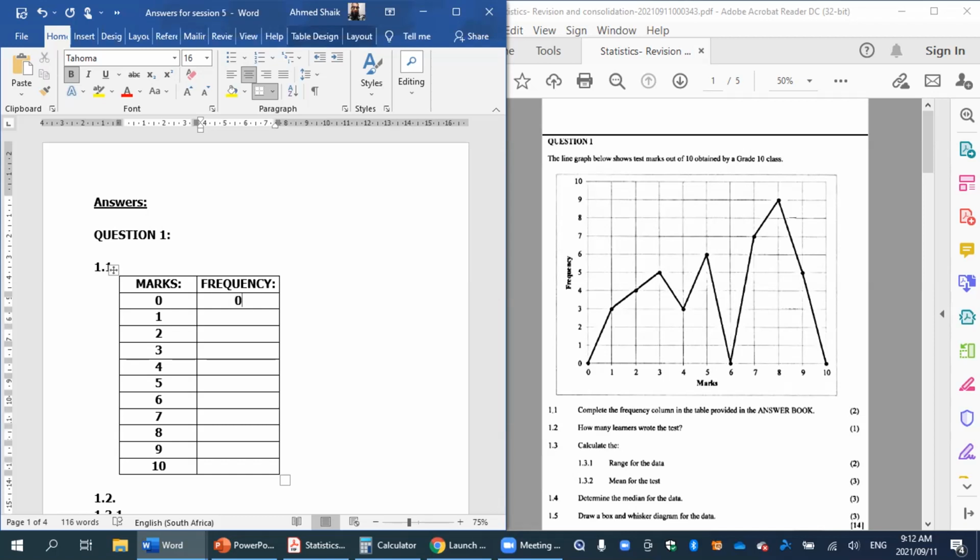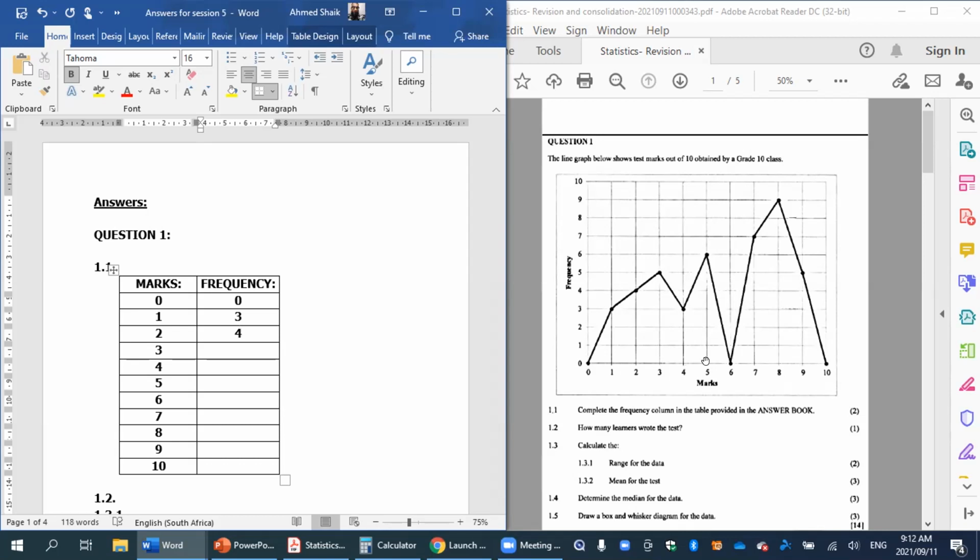If we're looking at the next mark, which is 1, we can see we have a frequency of 3. Therefore, in our frequency column, we're going to enter 3. Our next mark, which is 2, has a frequency of 4.